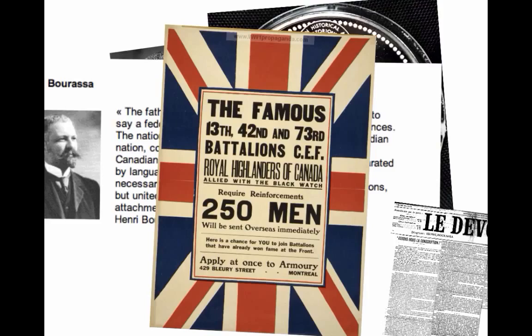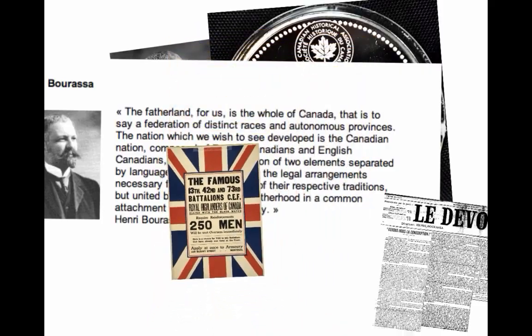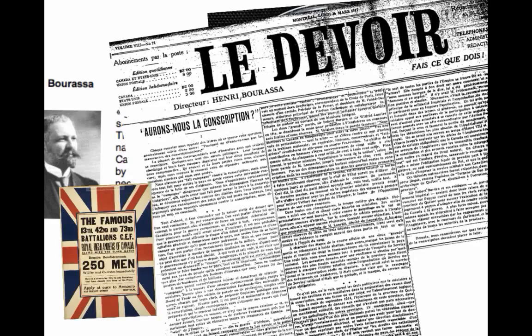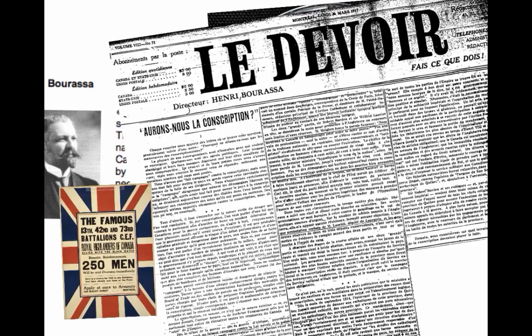So when the recruits stopped coming in because a lot of people realized that maybe going and dying in the trenches wasn't such a good idea, the government wanted to bring in mandatory military service. And Bourassa was one of the leaders who was against mandatory military service, which is also known as conscription.